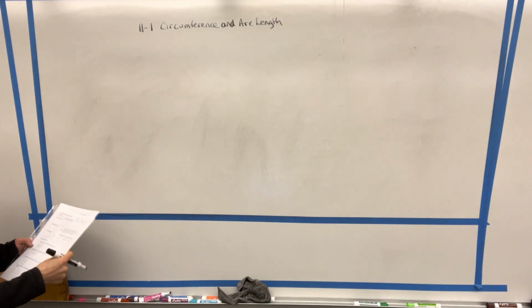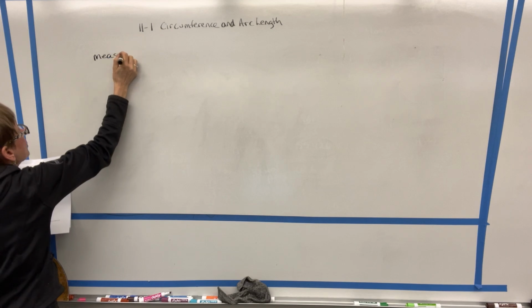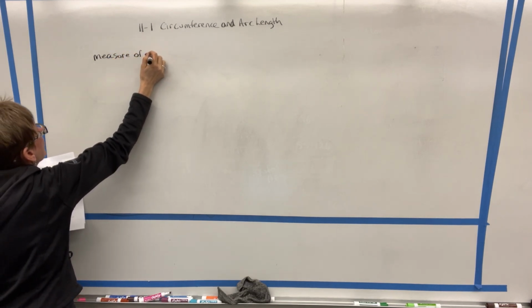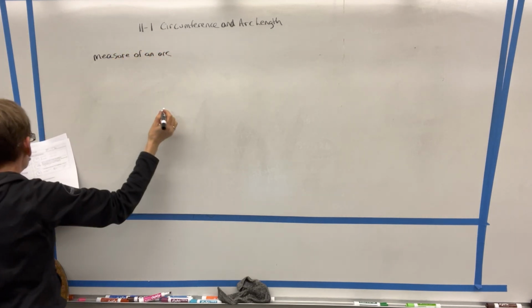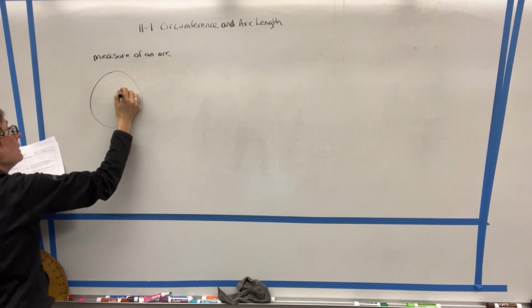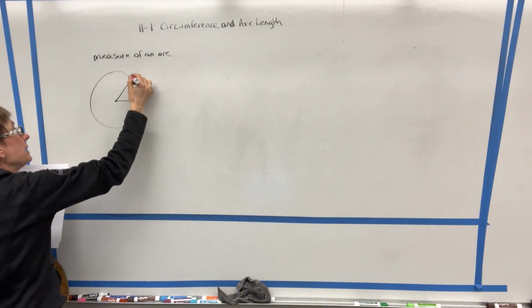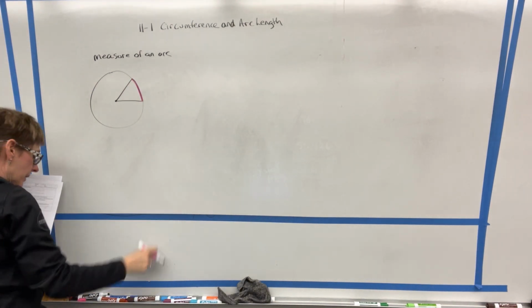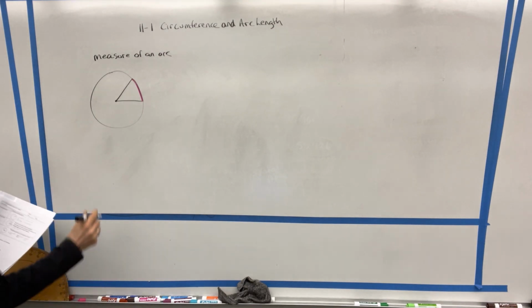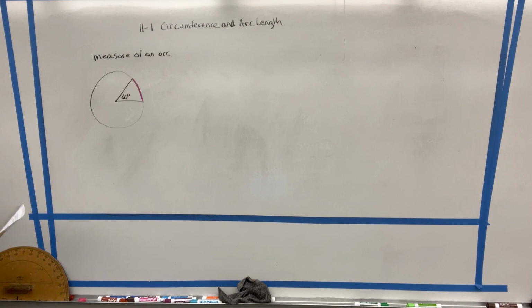All right, so let's talk about the measure of an arc. Let's draw a circle, and then the arc is going to be a piece of the circumference. And let's label this central angle as 60 degrees.